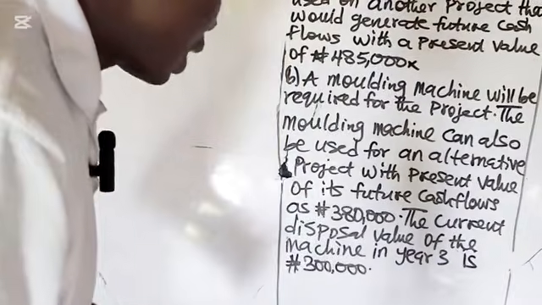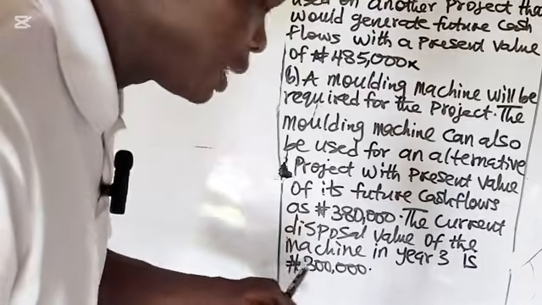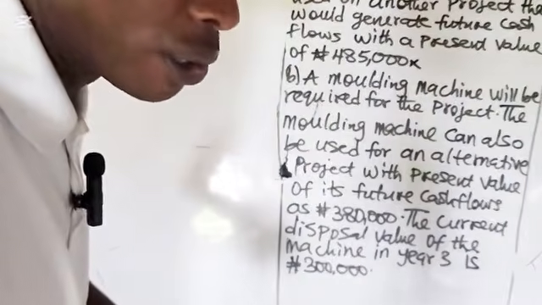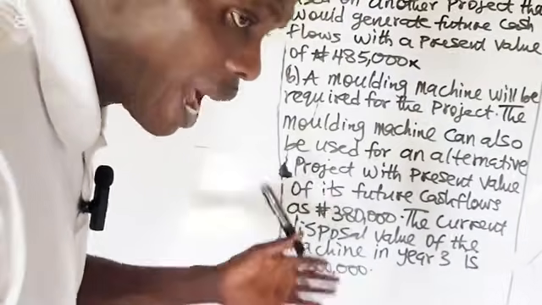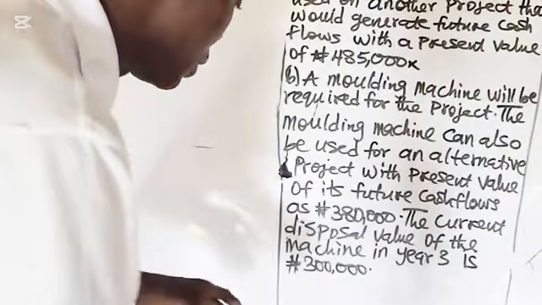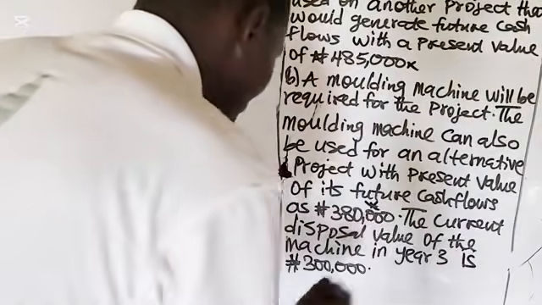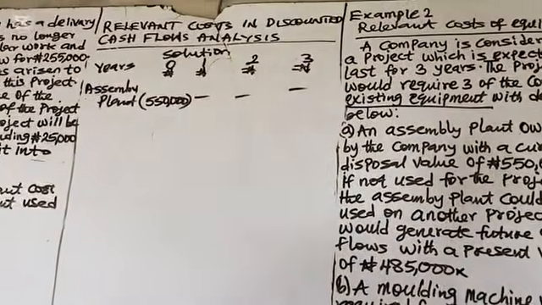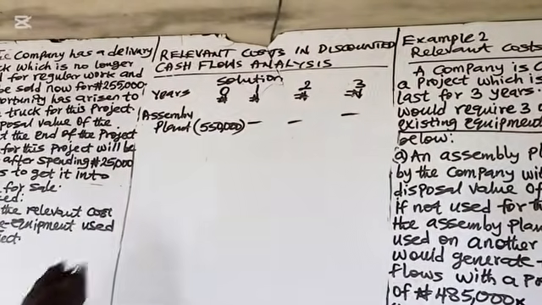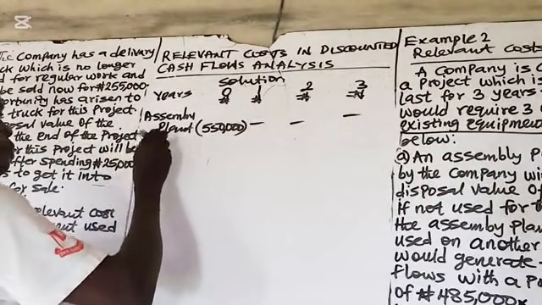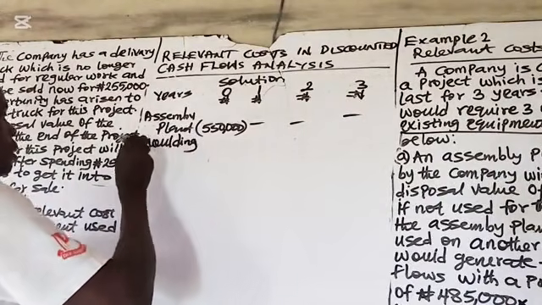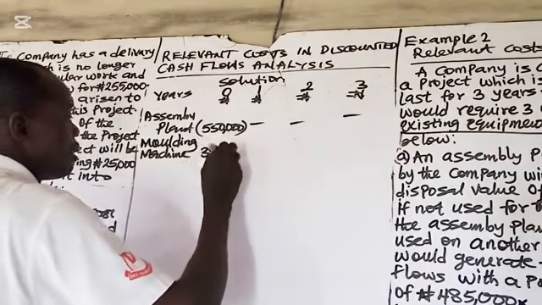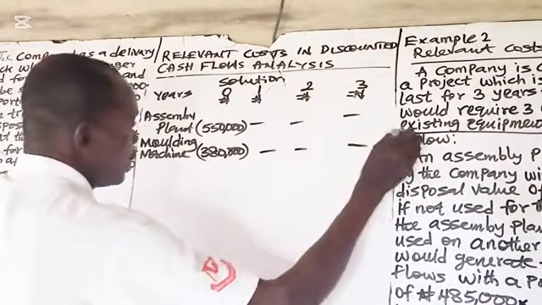I've told you the relevant cost will be the higher of the current disposal value or present value of future cash flows that could be earned by having alternative use. The higher is 380,000. Therefore, the relevant cost of the molding machine will be 380,000. That will be treated as an outflow in year 0.